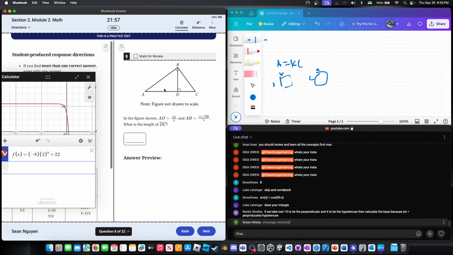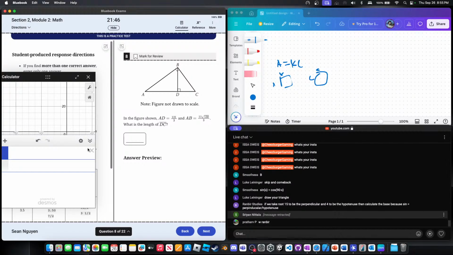Okay, so figure not drawn to scale. Let me draw this out here. I'll draw it out just to make sure. Here we go. It's a triangle. B, D, C, A. That angle is 90 degrees, and this is 90 degrees.